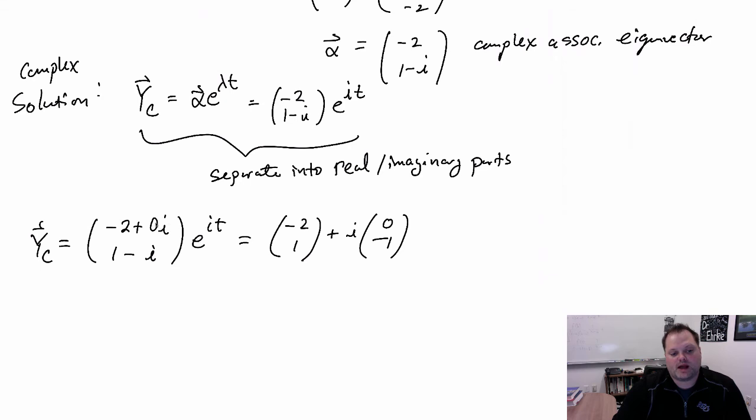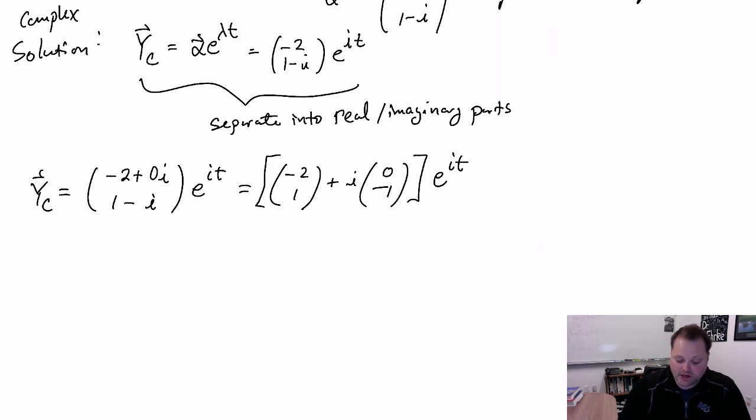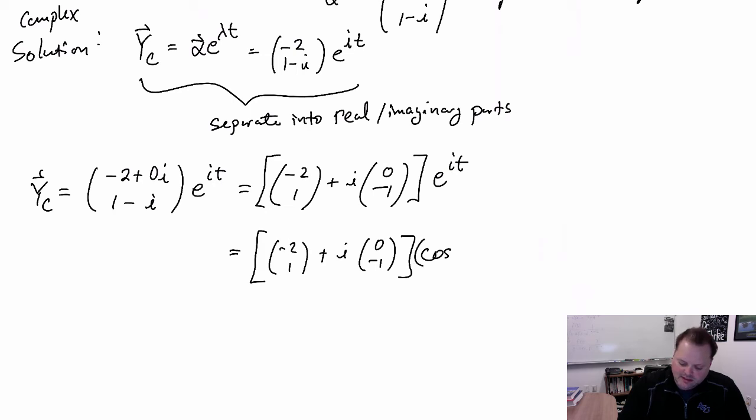And then the things that are multiplied by i's are 0, -1. That's the imaginary component of that vector. And so that is multiplied by e to the it. But we know from today's lecture that e to the it is cosine t plus i sine t by Euler's formula.